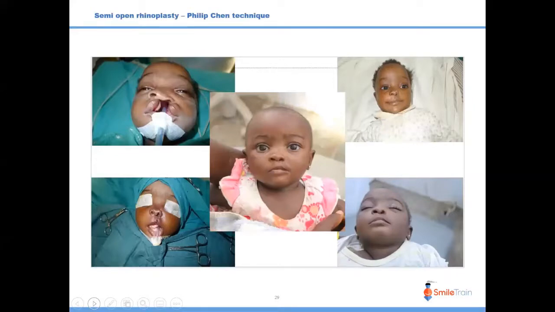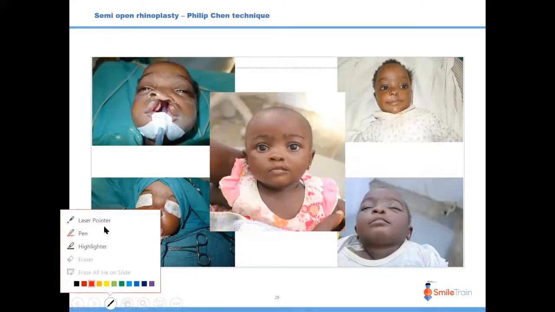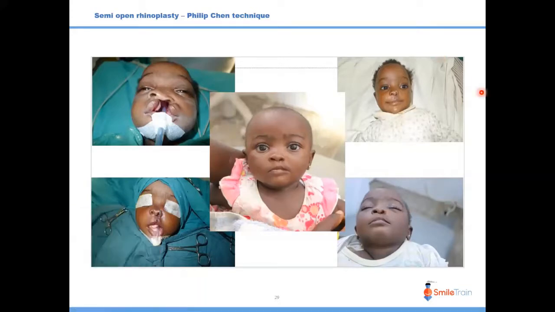These are some pictures of a patient who had this technique. This is a very gross deformity of the nose, as you can see in the picture. In the initial repair, there was overcorrection, increased nostril height, and reduced nostril diameter. You can compare the symmetry, and in the center is the patient after 7 months of repair.